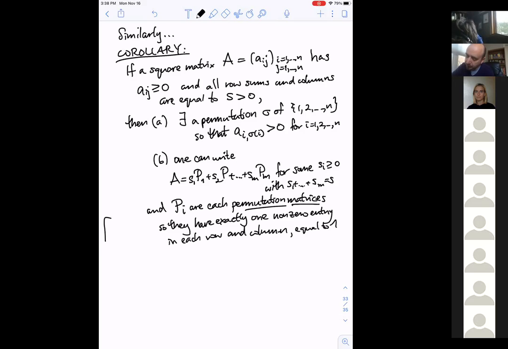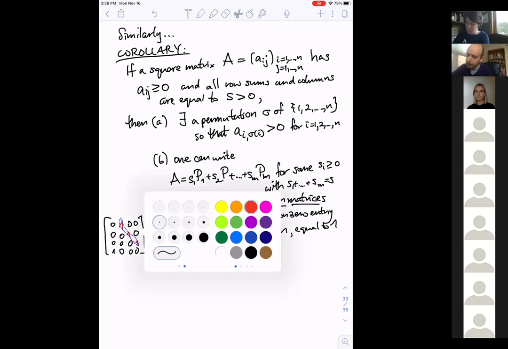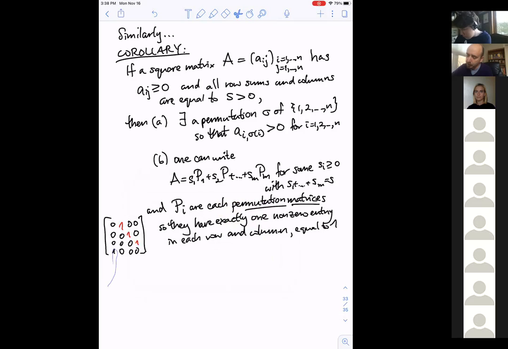So just to give you an example, probably many of you have seen these, but here's a permutation matrix. All right, so lots of 0 entries, but there's these few entries, these ones that are the non-zero entries, and there's exactly 1 of them in each row and each column.